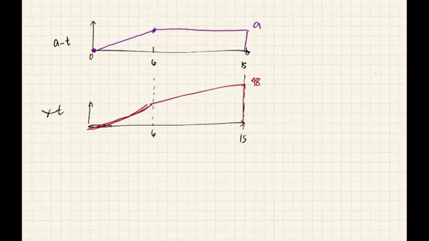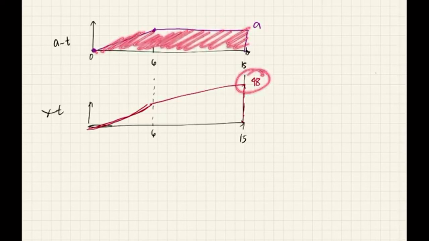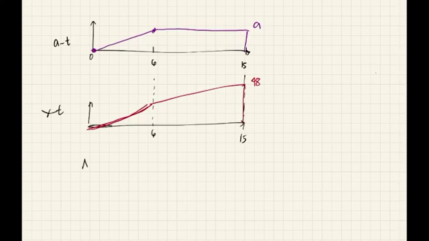Ibig sabihin, the total area below the acceleration time graph equals 48. Tama ba? When you add all area below the acceleration time graph, it equals 48. So, yun yung equation natin. Tama? So, area sa acceleration time graph is 48 from time equals 6 to time equals 15.